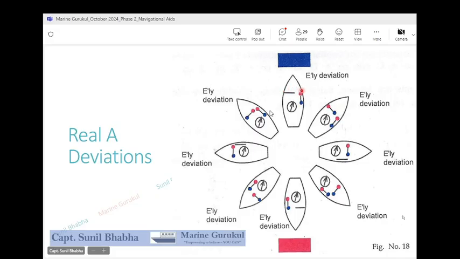Let's now concentrate our attention on the fore and aft longitudinal. The fore and aft longitudinal, if you look carefully, is aligned exactly in the same direction in which the Earth's magnetic field lies. The magnetic field lines are in the north-south orientation, and the fore and aft longitudinal is also exactly in the north-south orientation.